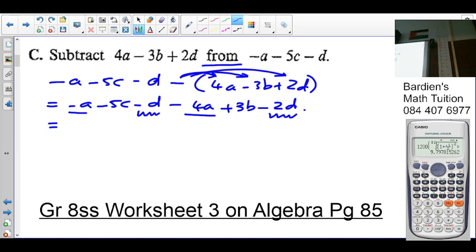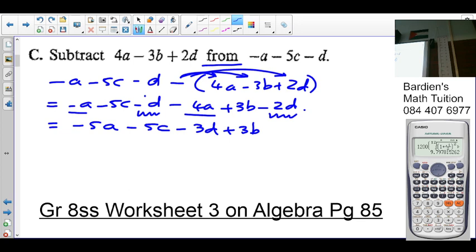So you got minus a minus 4a, -5a, minus 5c, not so? Now I'm at negative d now, minus d minus 2d, negative 3d. I accounted for a and plus d. Okay, you guys understand?